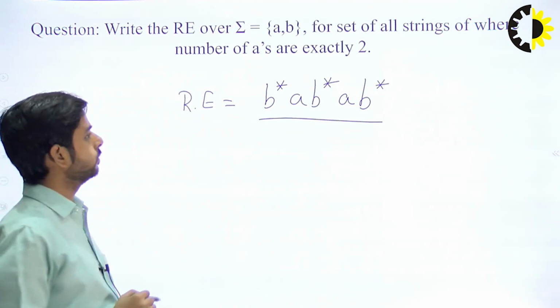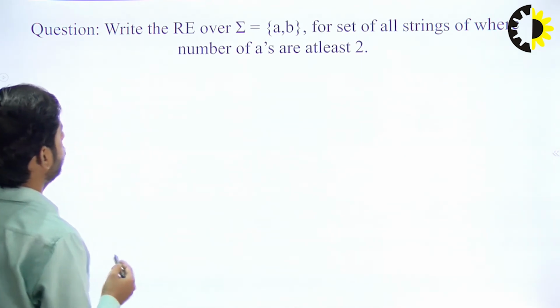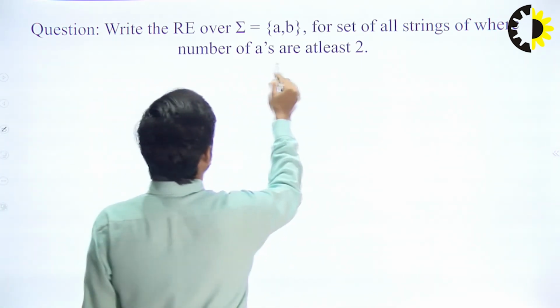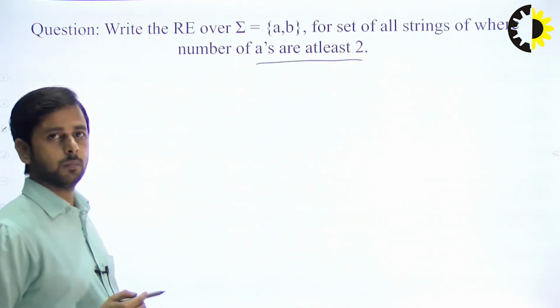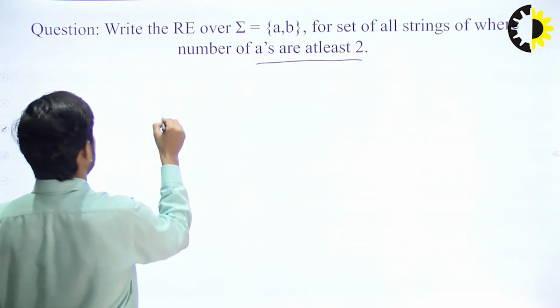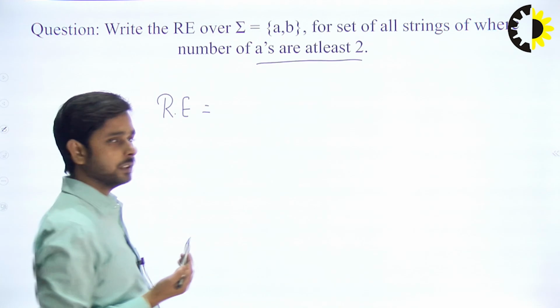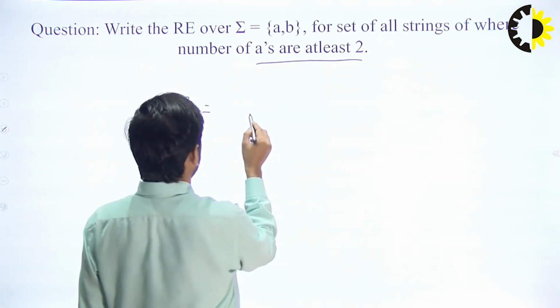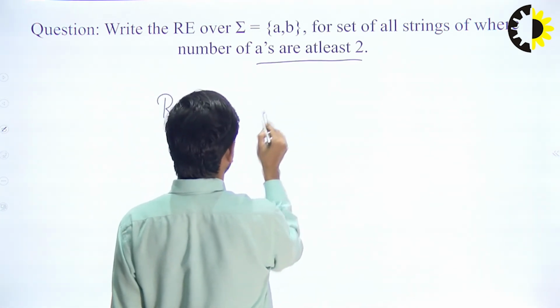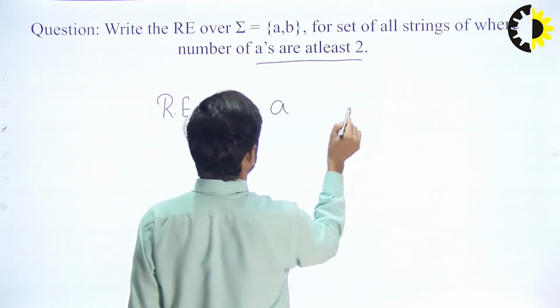Okay, next see for set of all strings where number of a's are at least 2. Number of a's are at least 2. So the regular expression will be for at least 2 a's. Okay, so there can be at least 2 a.